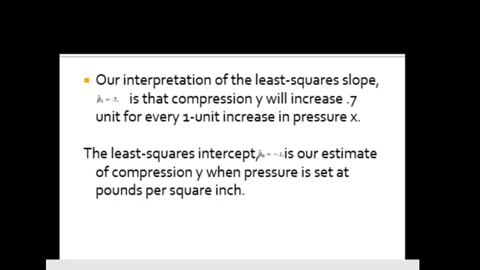The interpretation of the y-intercept, which is negative 0.1, is that the compression is negative 0.1 when the pressure is set at 0 pounds per square inch. Now, sometimes the y-intercept value may not have a practical interpretation if your x does not extend to 0, but it's the point where the line crosses the y-axis.